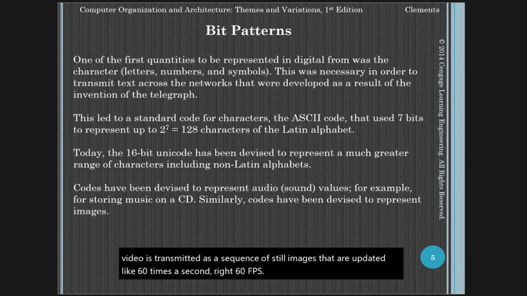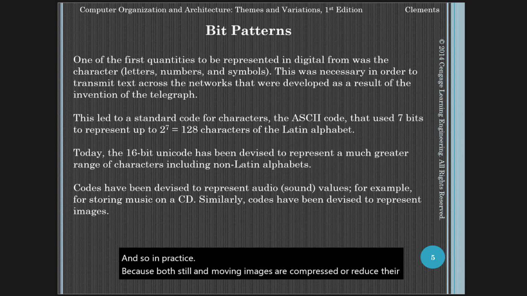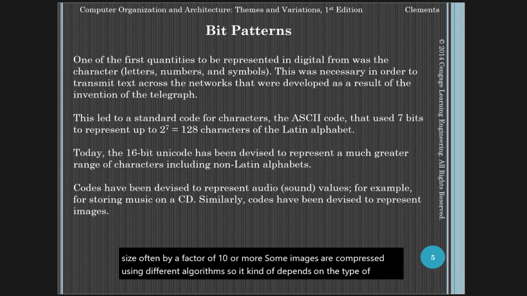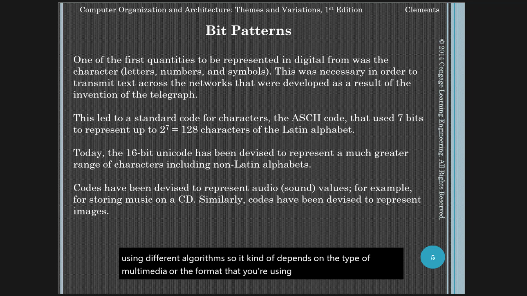In practice, because both still and moving images are compressed to reduce their size, often by a factor of 10 or more, some images are compressed using different algorithms. It depends on the type of multimedia or the format that you're using, but these take up very large amounts of processing power because we're doing this operation in real time. We're unpacking that data, reading it, getting those images, showing them at that 60 FPS or whatever the frame rate is.